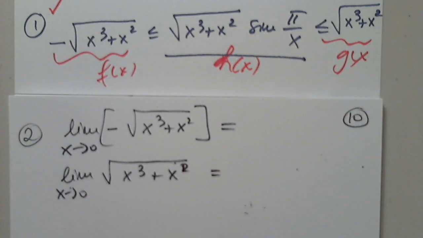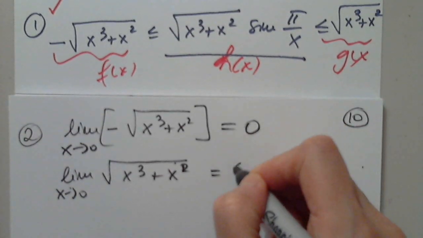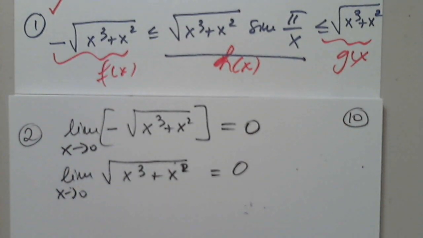Are they the same? Can anyone give us the answer, please? Wouldn't it just be 0? Yes. They both exist, they both are 0. From 1 and 2.